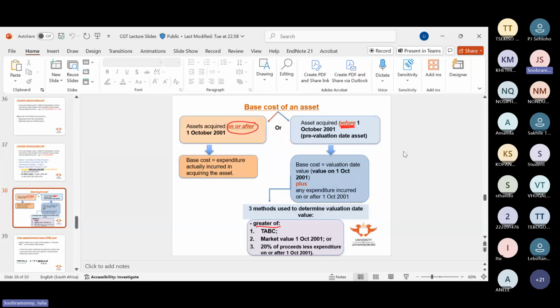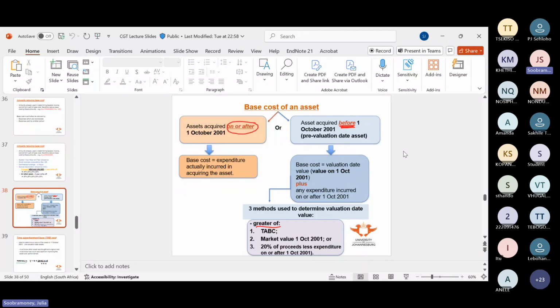So what happens if I'm selling an asset today that I purchased before 1 October 2001? I need to get a revised amount for this asset on 1 October 2001, and now I need to work with my new amount and work out my base cost going forward.